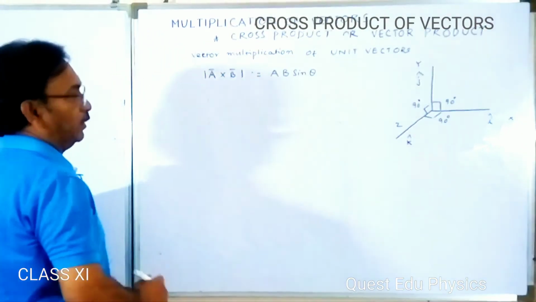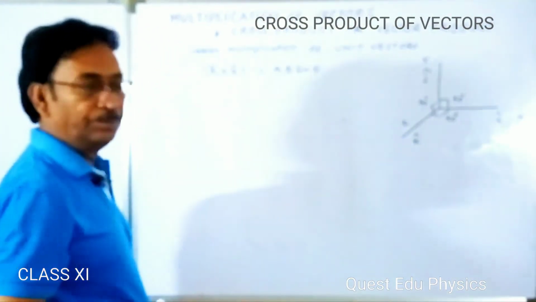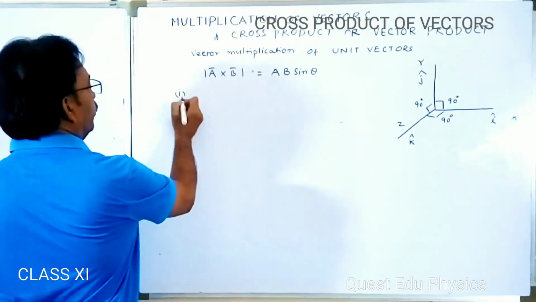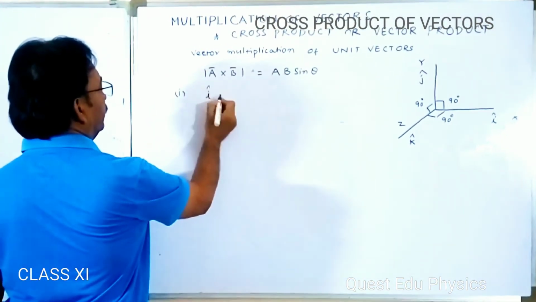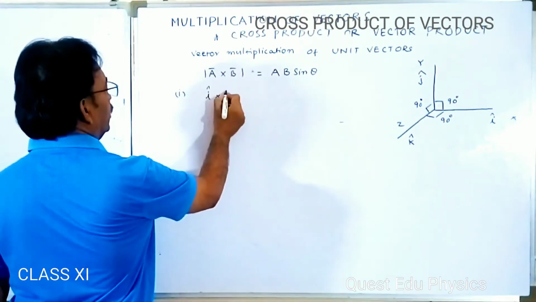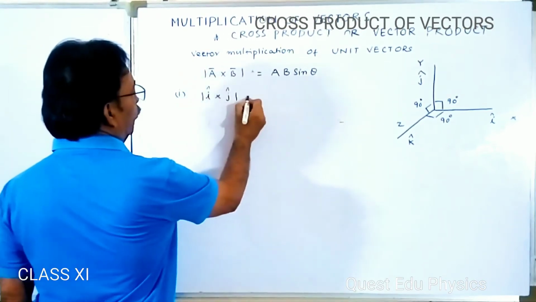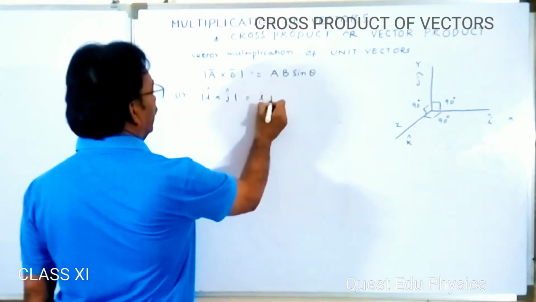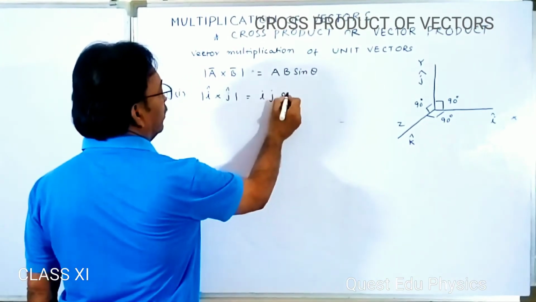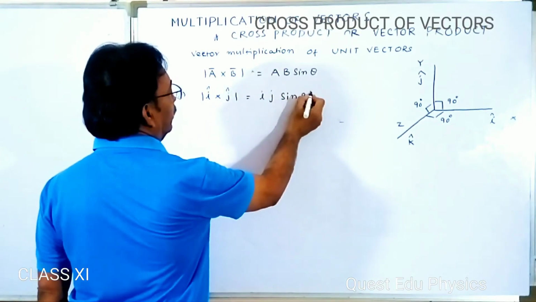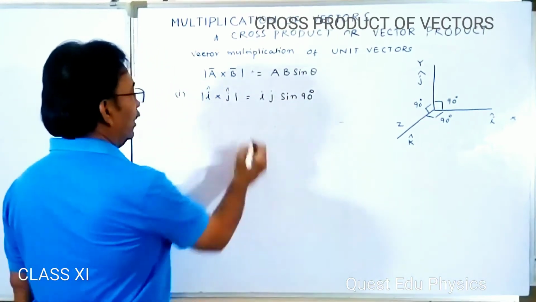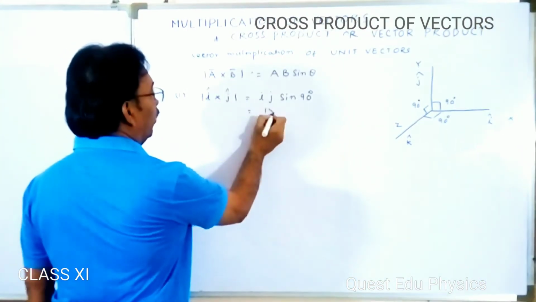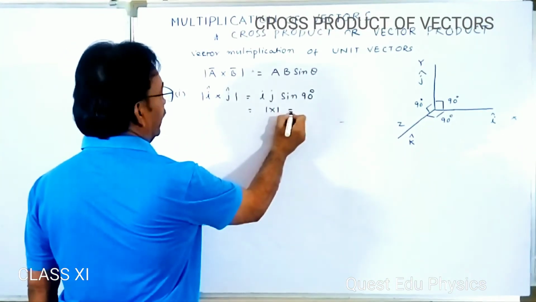Now we are multiplying i into j. First, multiplying i cap into j cap, we need to find the magnitude. It is equal to ij sine 90. As you know, sine 90 is equal to 1, and for unit vectors 1 into 1 is equal to 1.